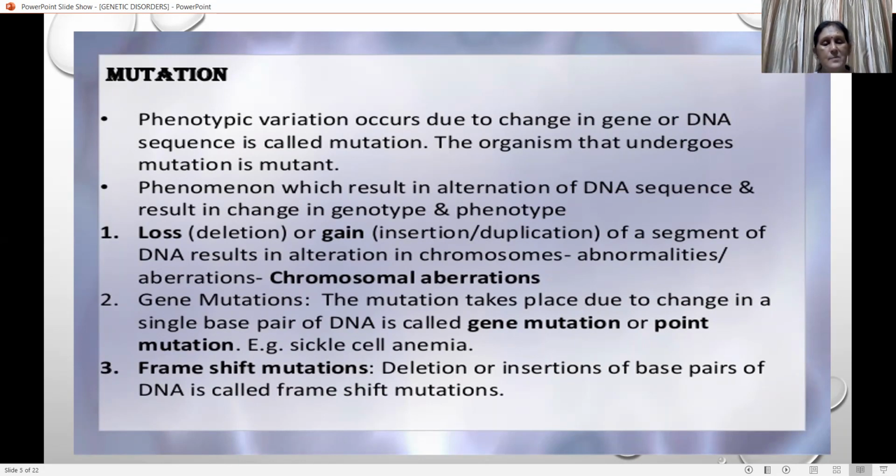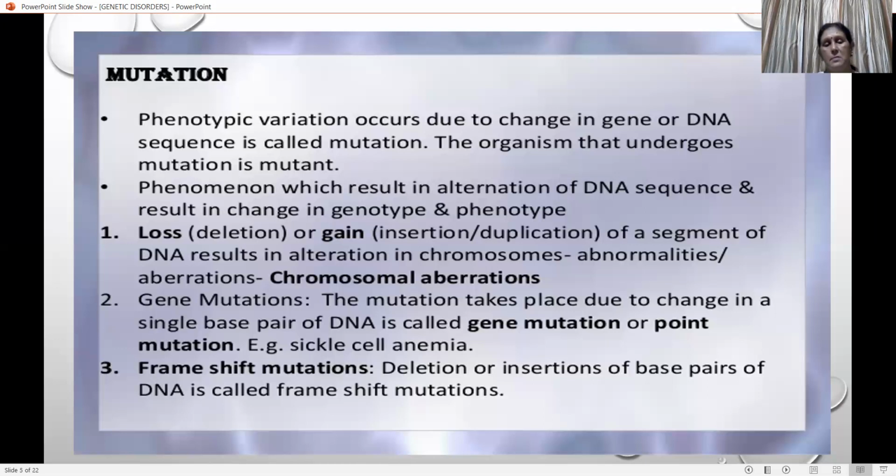Third one is frame shift mutation. Here, deletion or insertion of a base pair of DNA occurs. That means in gene mutation the genetic sequence changes, but in frame shift mutation, a base pair may be deleted or inserted in the particular DNA frame, and it is called frame shift mutation.